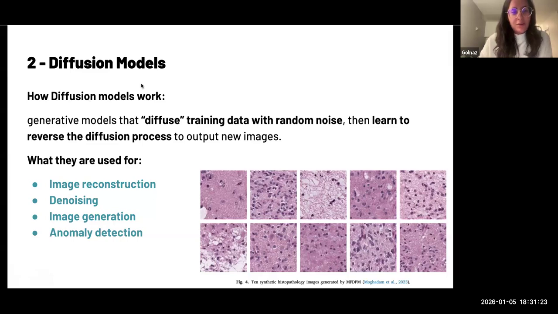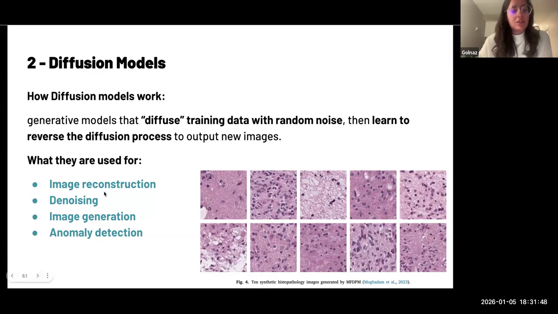Some of the use cases for these generative models are, again, when you need more data, or if your task is image reconstruction. For example, part of the image is broken, and you need to figure out the best way to generate a new image that reconstructs that part of the image.